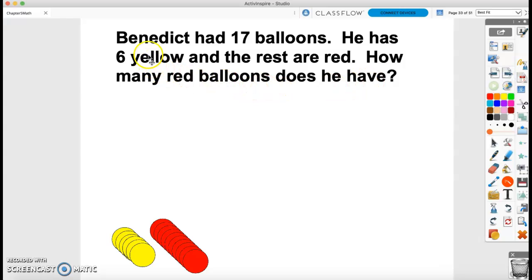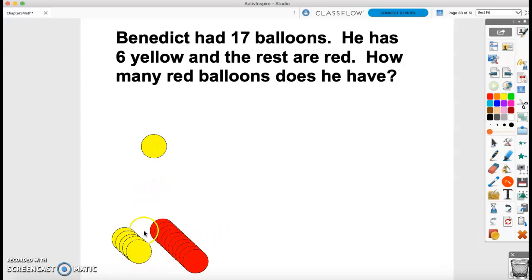Let's read the problem. It says, Benedict has 17 balloons. He has 6 yellow and the rest are red. How many red balloons does he have? So I can draw a picture of this, and I know he has 6 yellow.